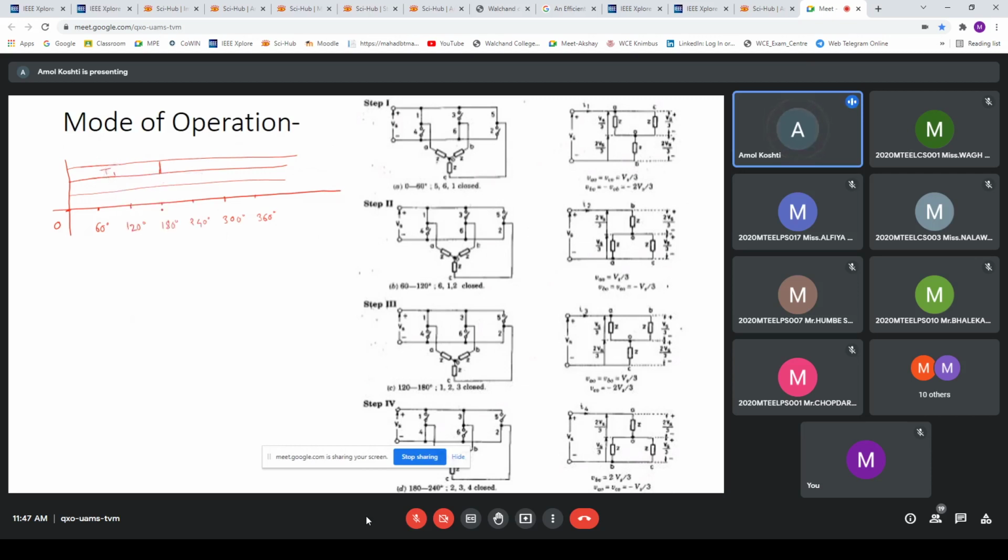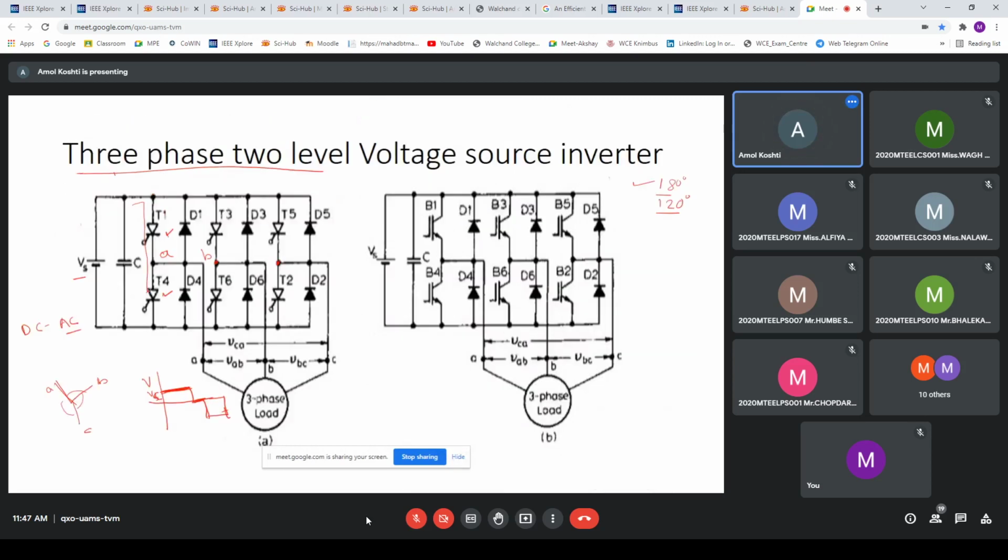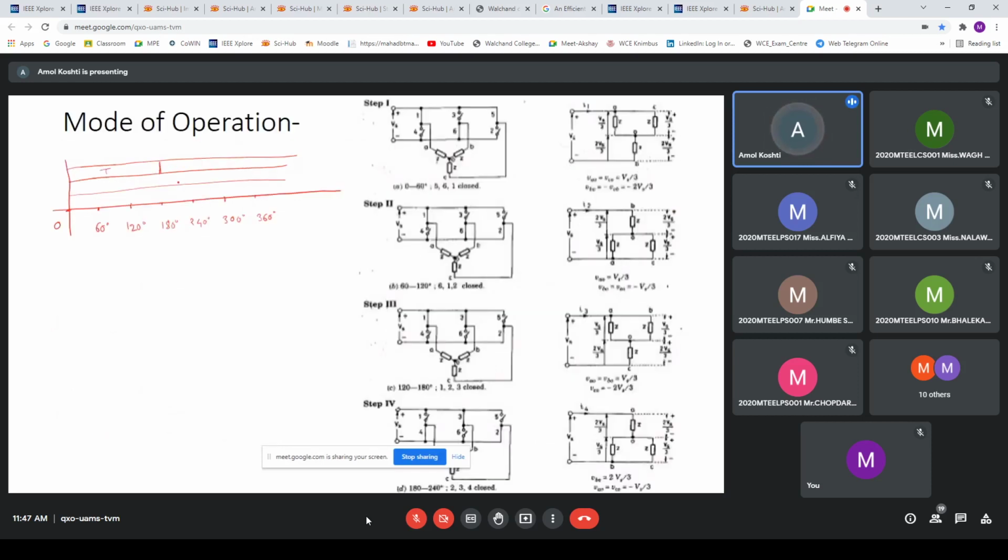After T1, the remaining switch from the same leg, which is T4, is on. From how many degrees? From 180 degrees to 360 degrees.